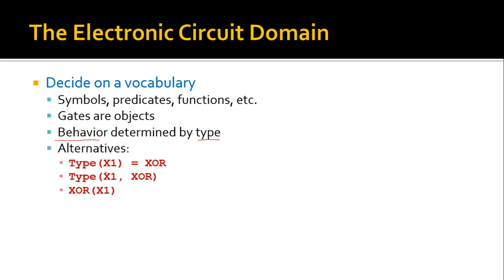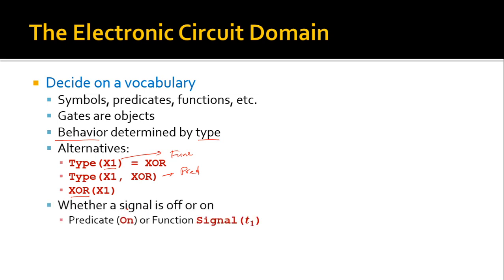So there are different alternate representations of the same thing, that x1 is a type XOR, right? So we can model it as a function, we can model it as a predicate, or we can just use XOR as the predicate name instead of type as the predicate name. We can follow any one of them, right?